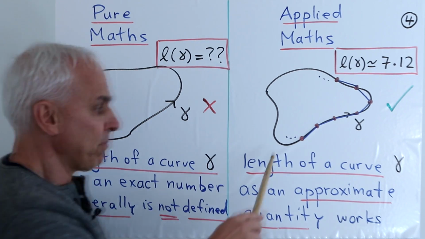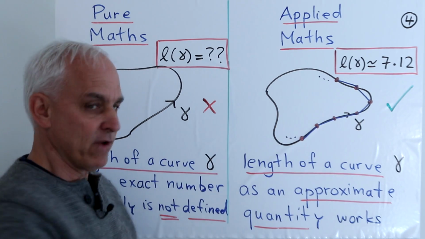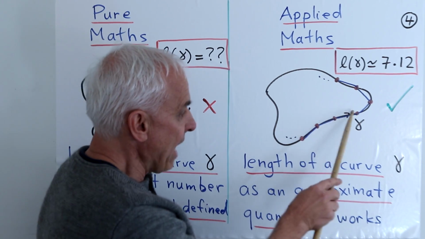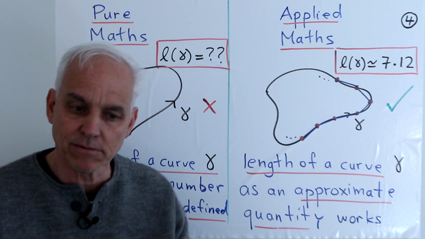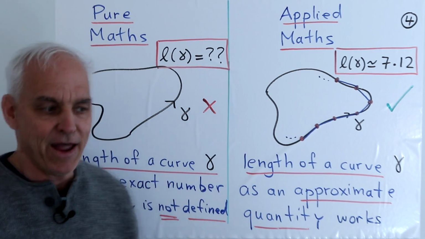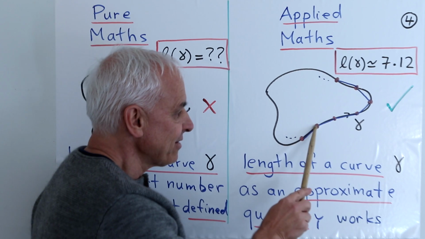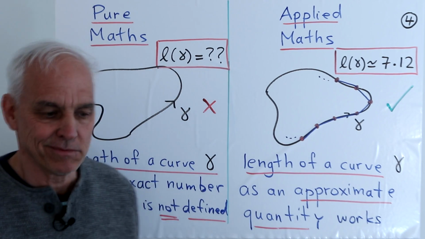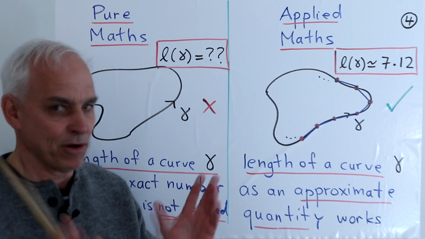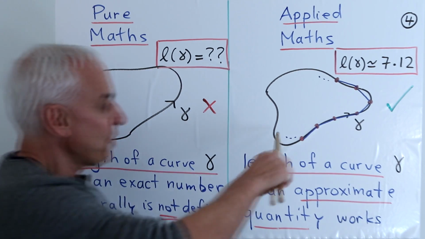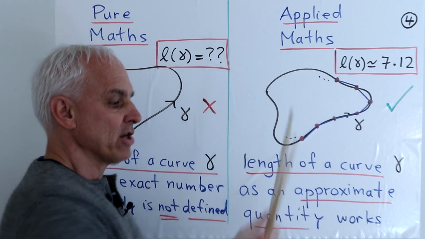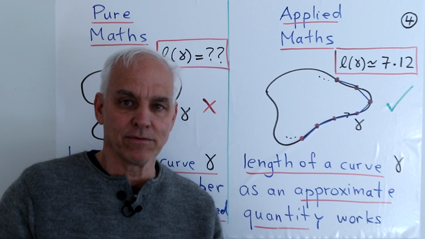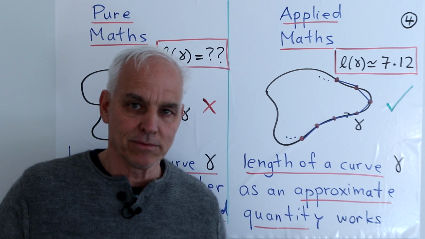So, for example, an applied mathematician can always take a curve like this and subdivide it, or sample it at a discrete number of points, closely spaced. And then they can calculate approximate distances between these points. There's a square root involved, yes, but we can do an approximate square root. And so then you can add up these approximate distances and get an approximate formula for the length of a curve. That's perfectly reasonable.